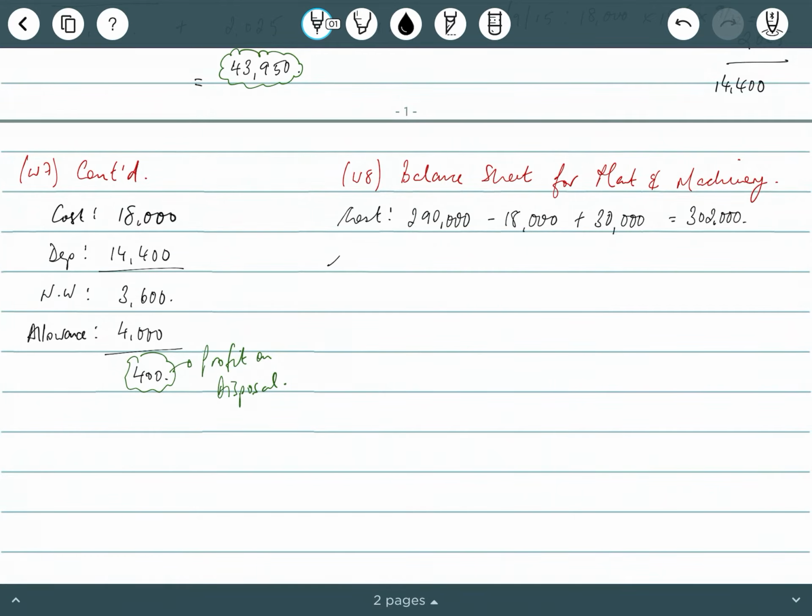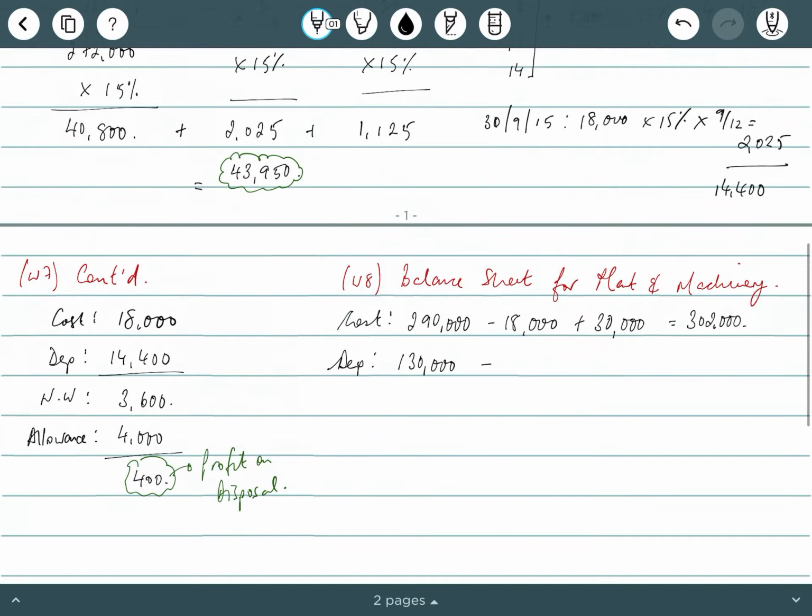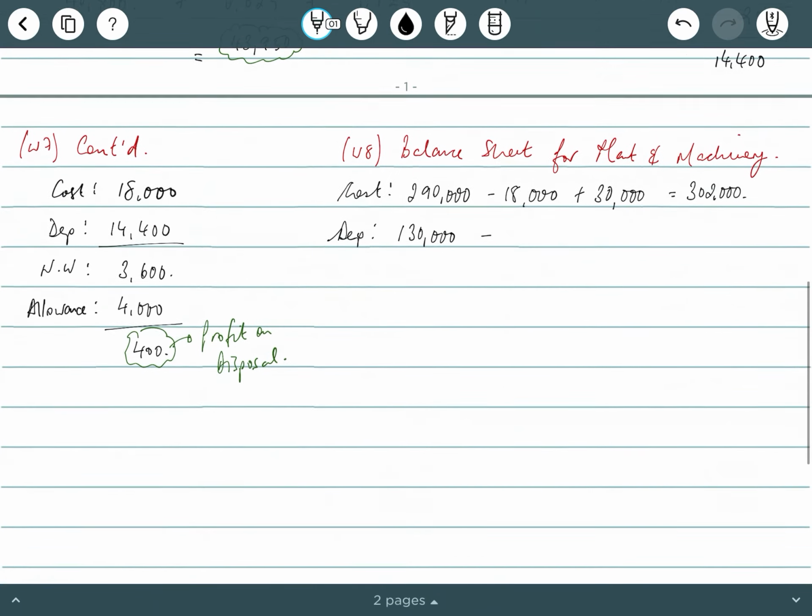Then we look at the depreciation. The accumulated depreciation to date before this was 130,000. We add the 43,950, that figure there from working 6.